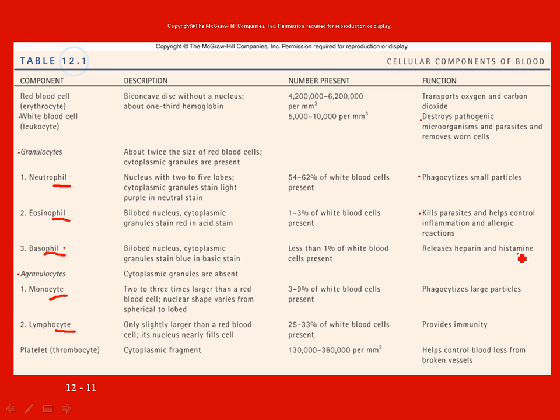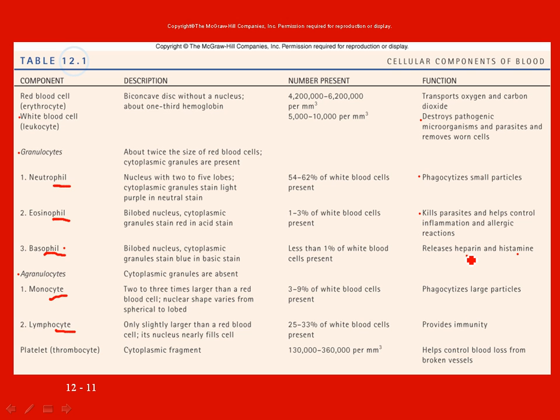Okay, so anyway, it produces swelling. Now, it could be swelling in a variety of different areas, but basophils are going to produce this inflammation or swelling, which is going to allow other bodily defenses to get to the site of infection. Heparin is something else. Heparin is a molecule that helps prevent blood clots.